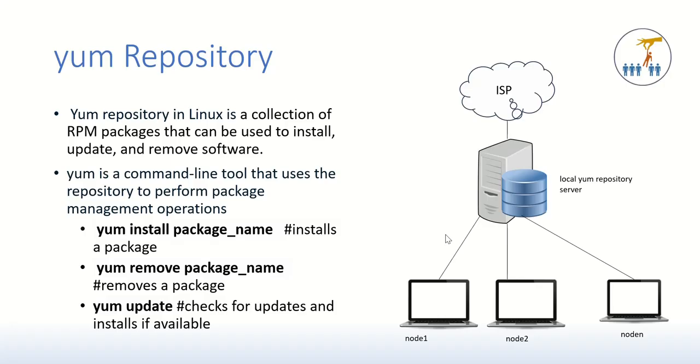The local yum repository server maintains the repositories for CentOS at the local site, gets its updates from the internet sites, and keeps a copy, which is then synchronized to all other nodes in the network. This way, all the nodes run the same software package versions.